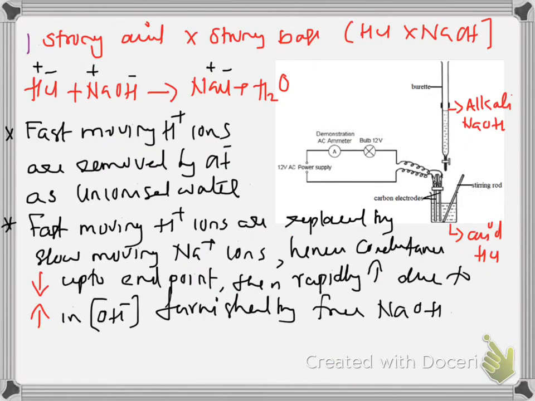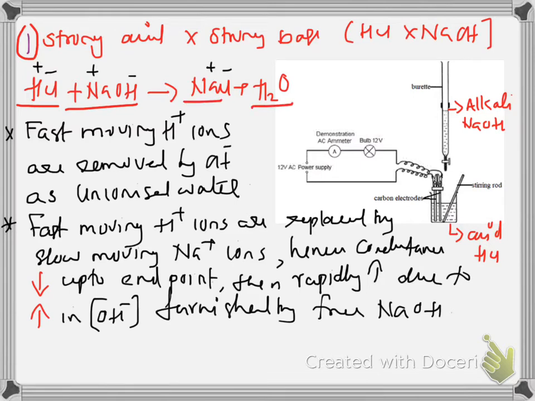So, first we have to see strong acid, strong base titration. Example, HCl versus NaOH. HCl is a strong acid and NaOH is a strong base. Equation: HCl + NaOH gives NaCl + H2O.